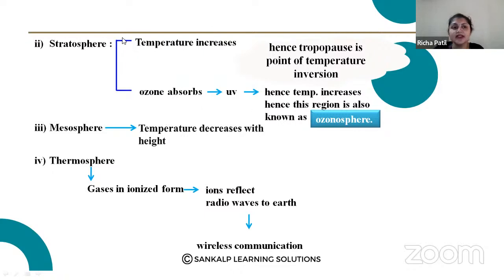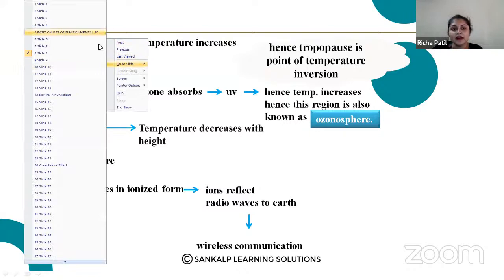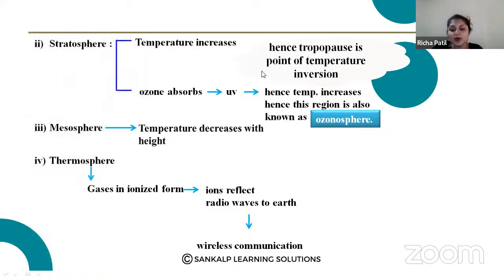This stratosphere prevents 99.5% of the sun's harmful radiation from reaching the Earth's surface.